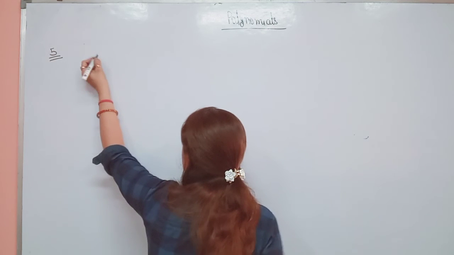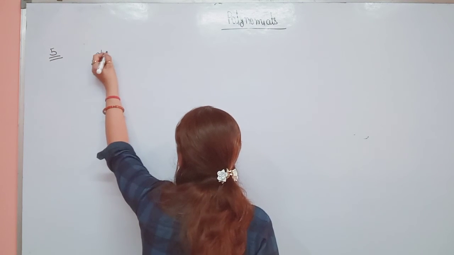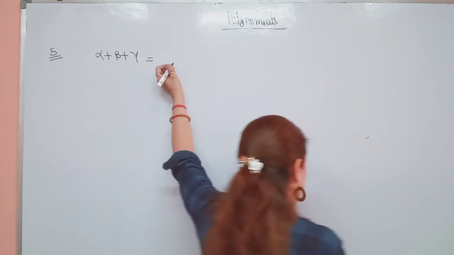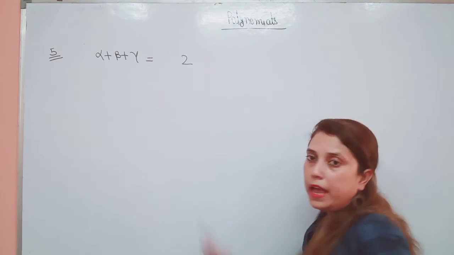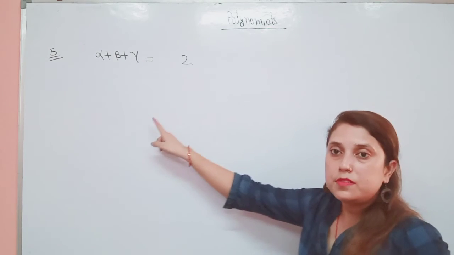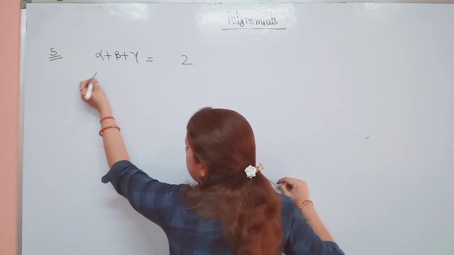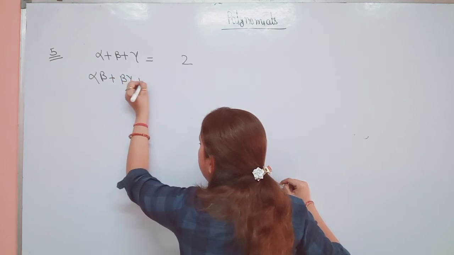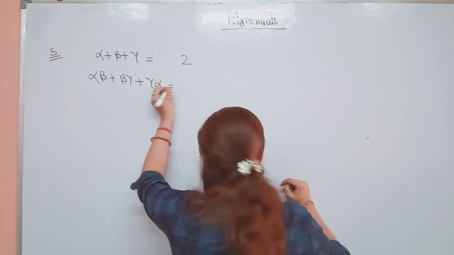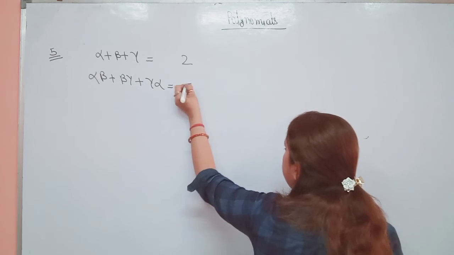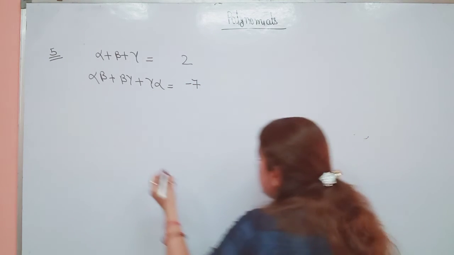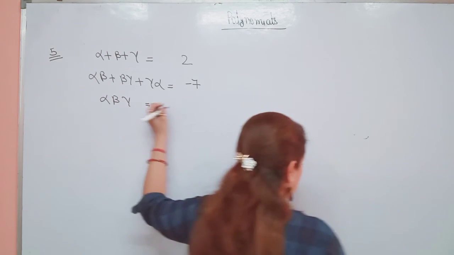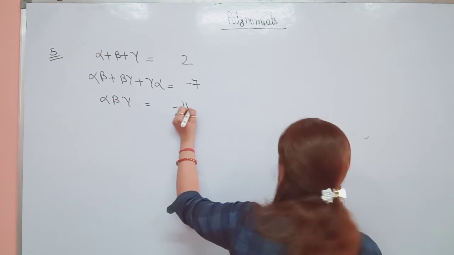Sum of zeros, alpha plus beta plus gamma, is given 2, and sum of product of zeros taken 2 times, alpha beta plus beta gamma plus gamma alpha, is given minus 7, and product of zeros, alpha beta gamma, is given minus 14.